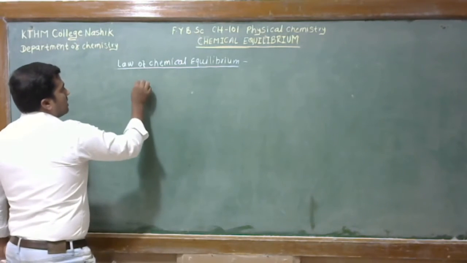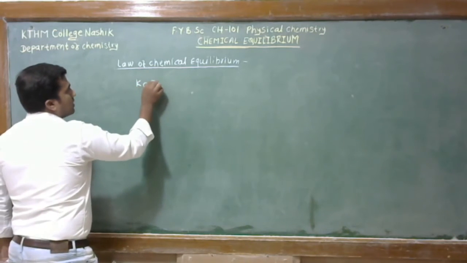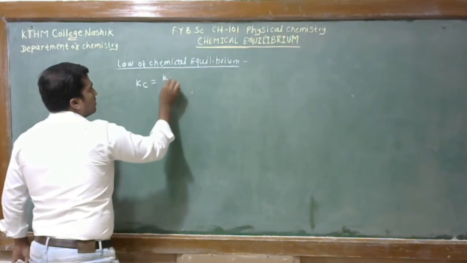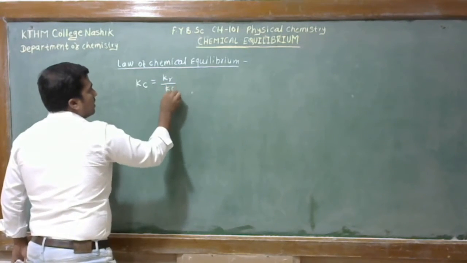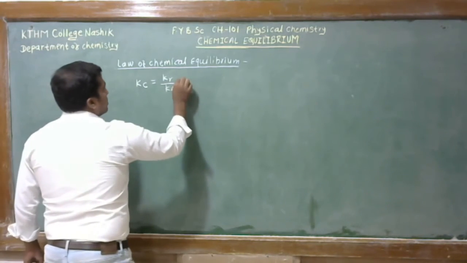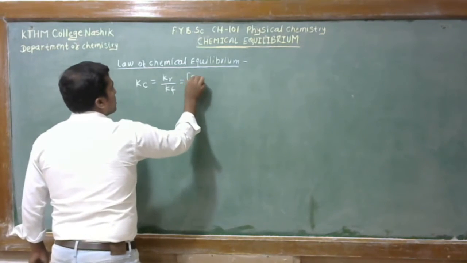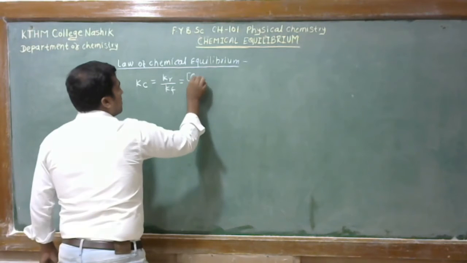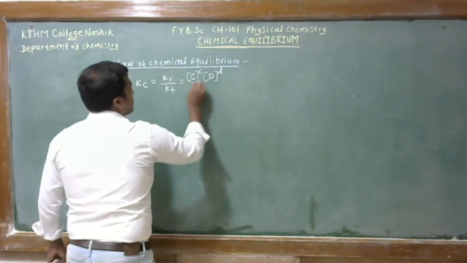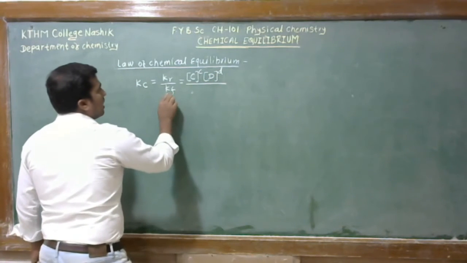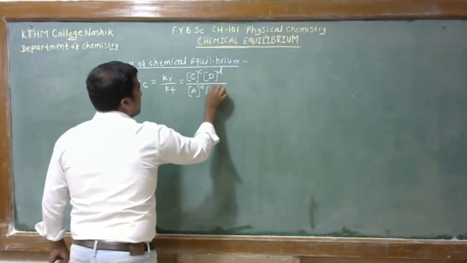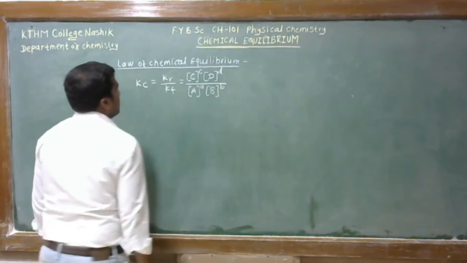Now we can write Kc is equal to Kf divided by Kr, is equal to capital C raised to power small c into capital D raised to power small d divided by the capital A raised to power small a into capital B raised to power small b.